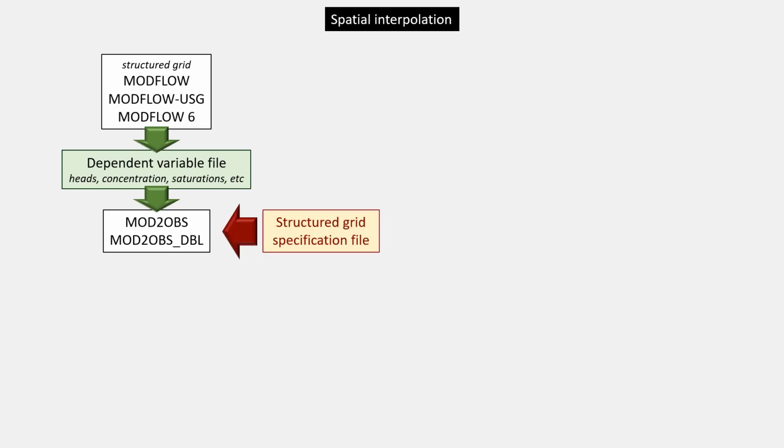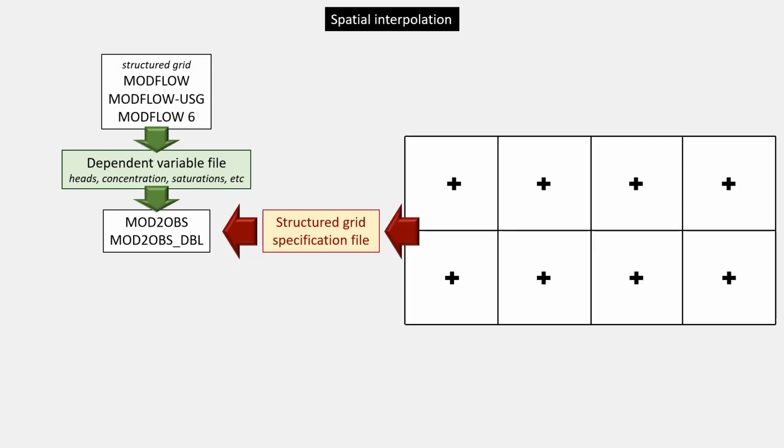If we run these programs, as we've seen, they ask for a structured grid specification file. This provides the specifications of the structured grid and also the location of that structured grid in the real world. Let's have a look at part of that structured grid. Suppose that we wish to interpolate to a well that's situated where the red dot is. So mod2obs firstly finds the 4 model cell centers that surround that point.